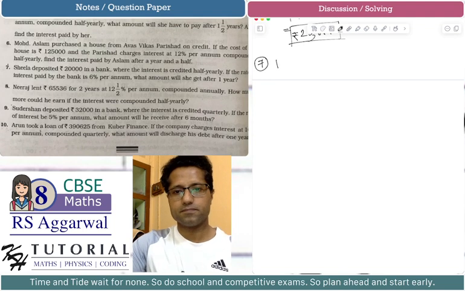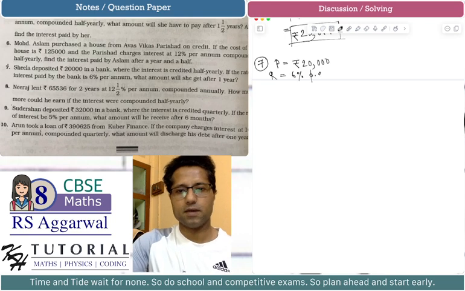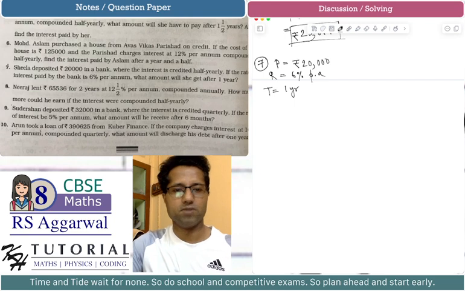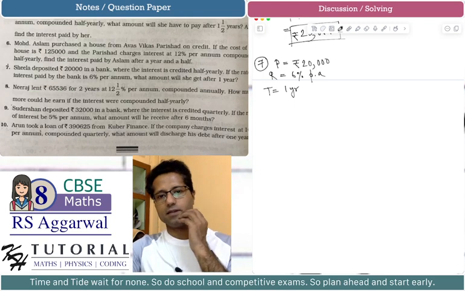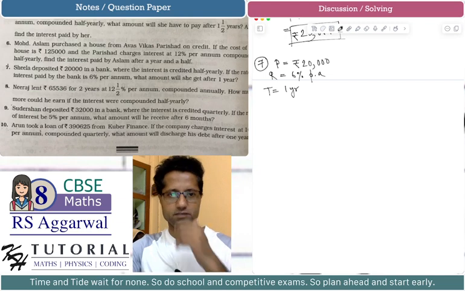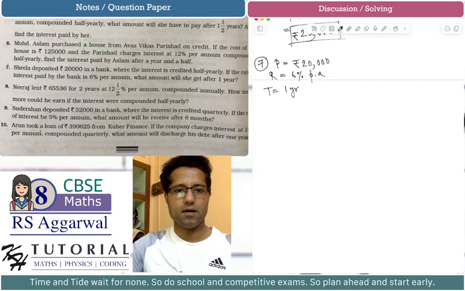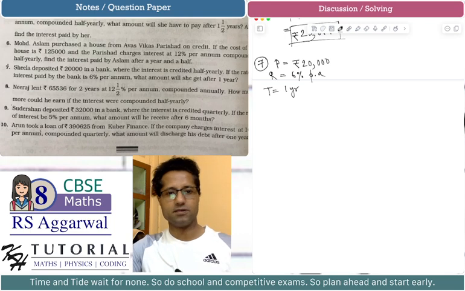So P is given to be 20,000 and the rate of interest R is 6% per annum and the duration time T is given to be 1 year. The interest that the bank is providing to the investment is compounding half yearly, as it is said that the interest is credited half yearly.